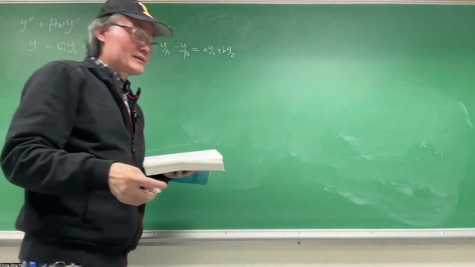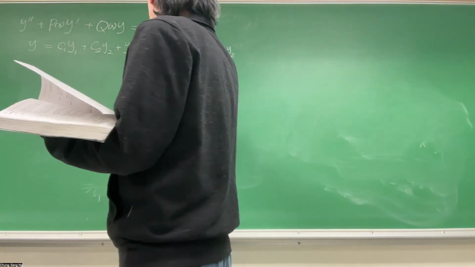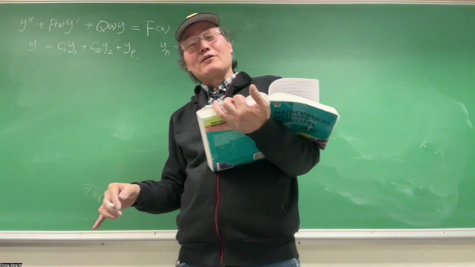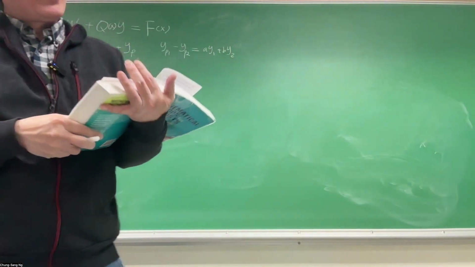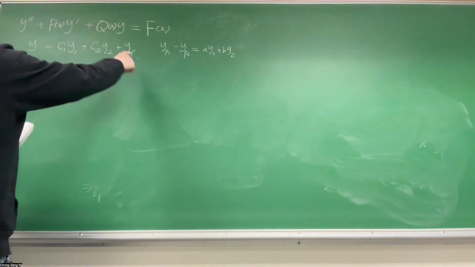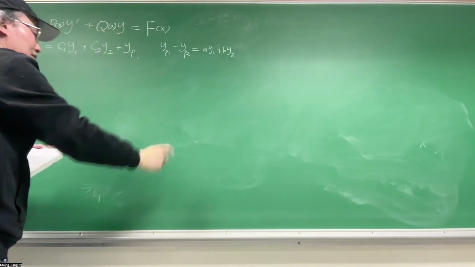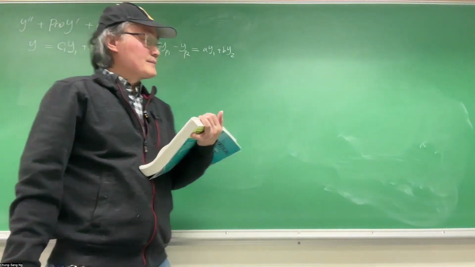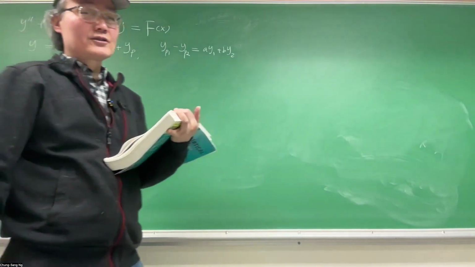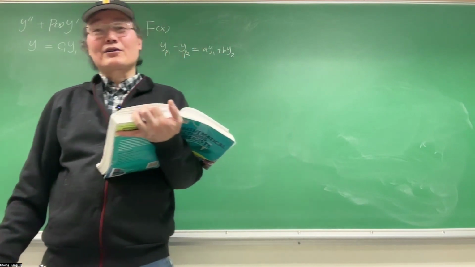Sometimes this gives you an easy way to find a solution, because you don't have to use the formula we're going to derive. If you can see a particular solution right away from the form of the equation and the inhomogeneous term, then you already get it without doing any other calculation.